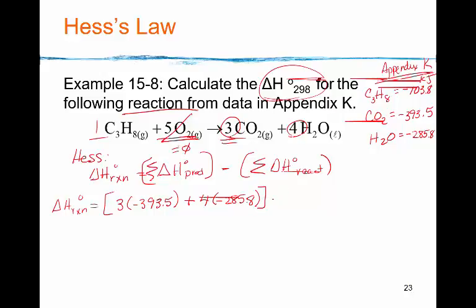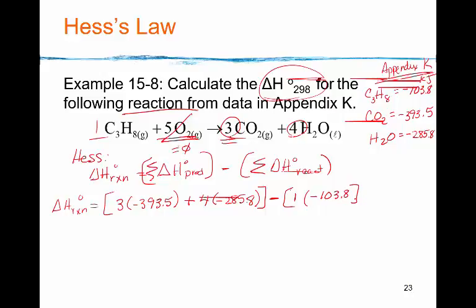Then that's going to be minus, because it's the difference between those and the reactants. Remember, the oxygen is 0, so it's just 1 times the negative 103.8. Remember those are all kilojoules.